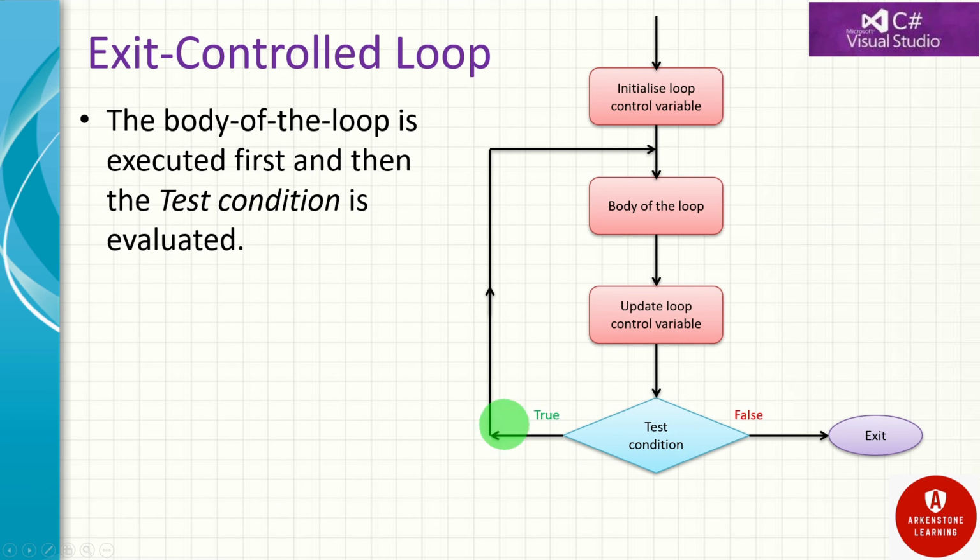If it is true, then the whole process is repeated, where the body of the loop is executed and update the loop control variable, and then the condition is evaluated again. If it evaluates to be false, then the loop terminates.